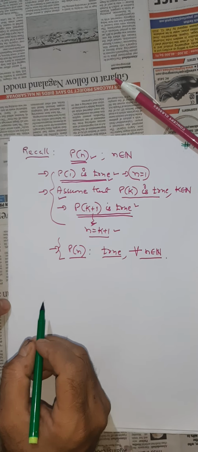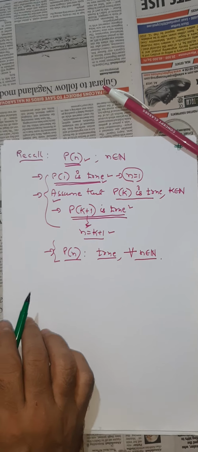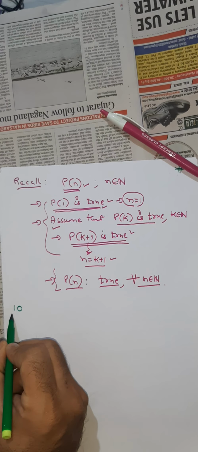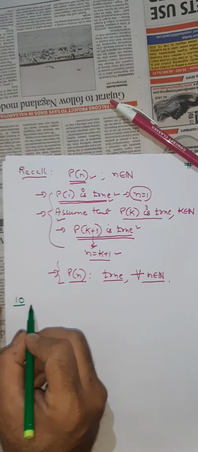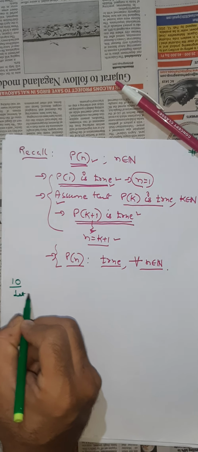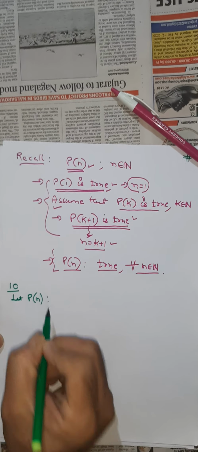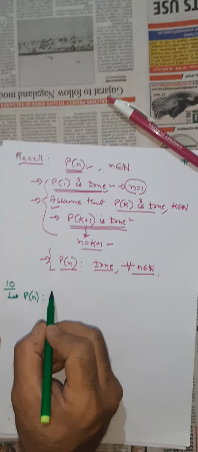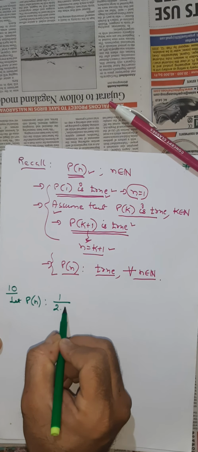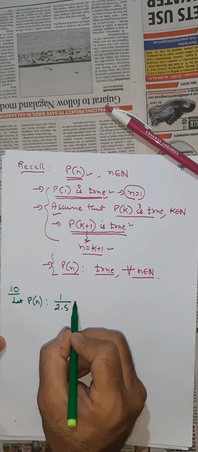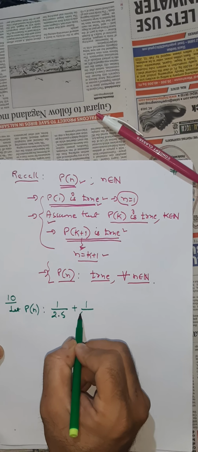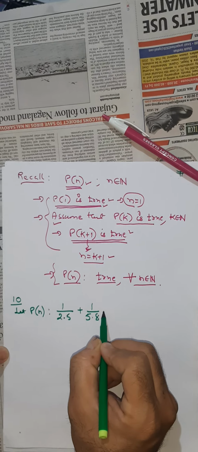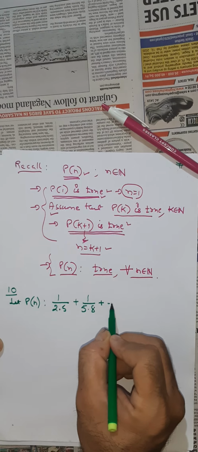So I'll be going now for question number 10 here. Let me take that question as P of n. That is 1 upon 2 into 5, plus 1 upon 5 into 8, and so on.